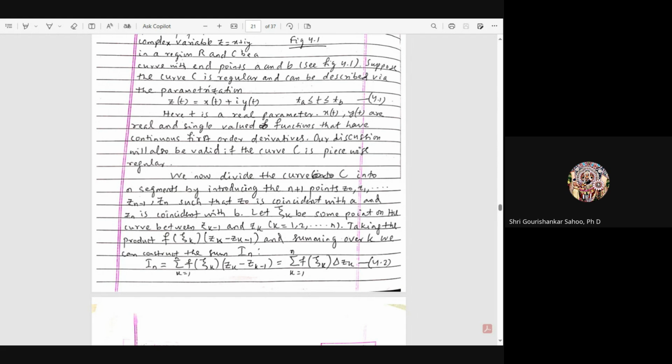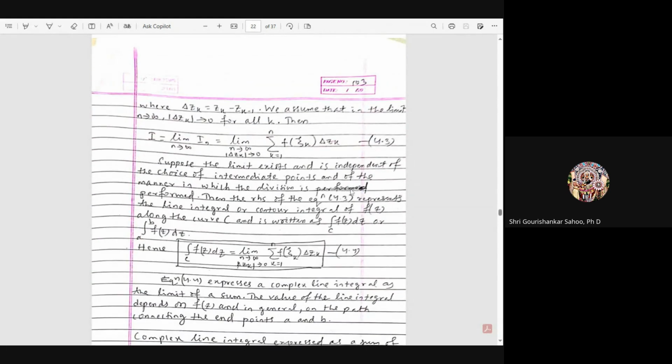And your Z0 is coincident with A, and Zn is coincident with B. Let zeta k be some point on the curve between Zk minus 1 and Zk, k is equal to 1, 2 to n. So the product f of zeta k times del Zk, summing over k, we can construct the sum Sn, and Sn will be summation k is equal to 1 to n, f of zeta k del Zk.